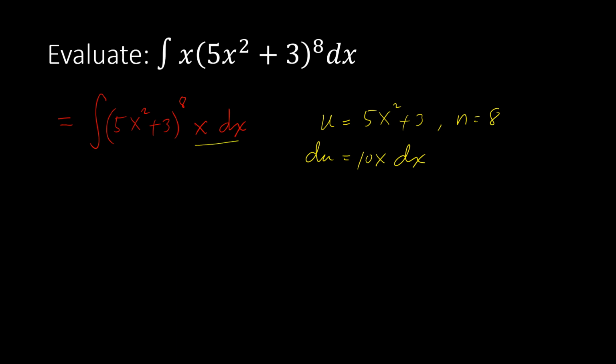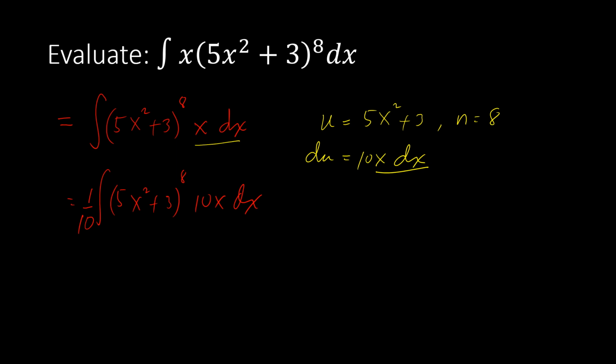We already have x dx in our integrand. It only lacks the constant 10. So let us complete our du. (5x squared plus 3) raised to 8, 10x dx. We pre-multiply the integral by 1 over 10.